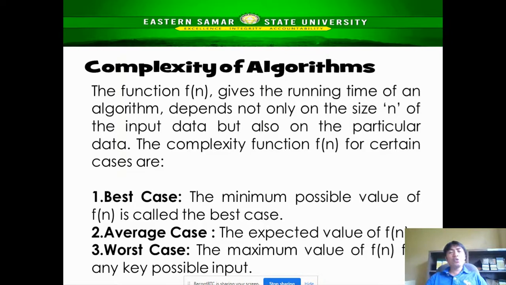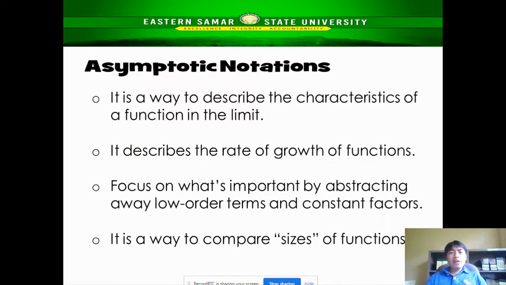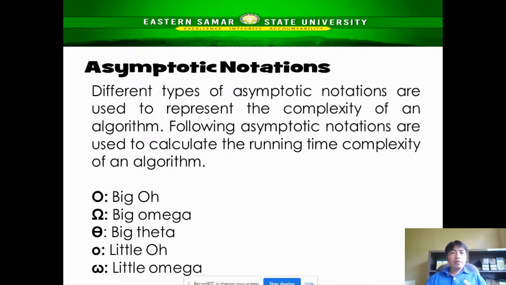What is the use of this? It is a way to describe the characteristics of a function in the limit. Limit describes the rate of growth of functions. It is a way to compare the sizes of functions. Okay, so here are the asymptotic notations: big O, big omega, big theta, little o, little omega.